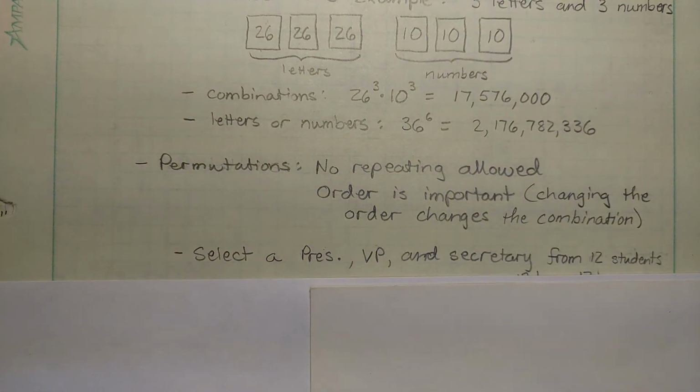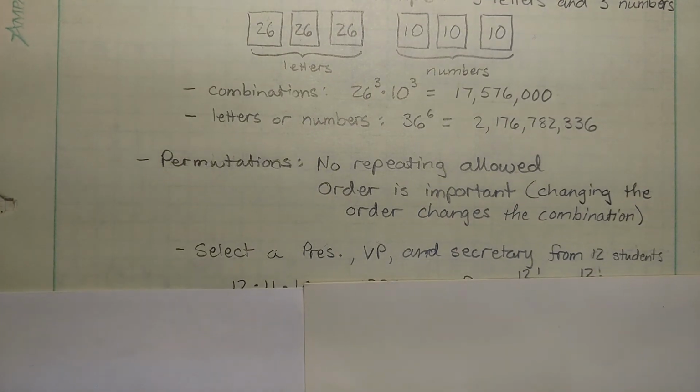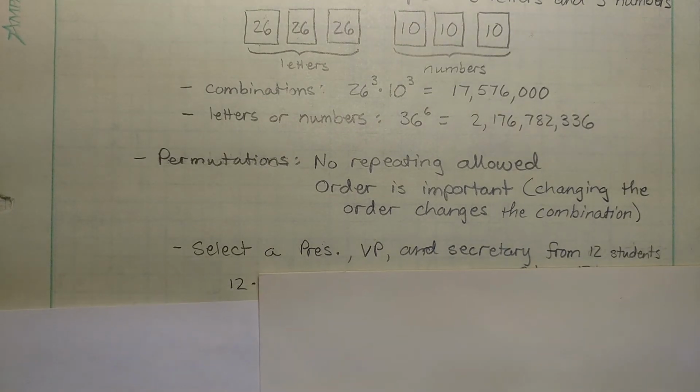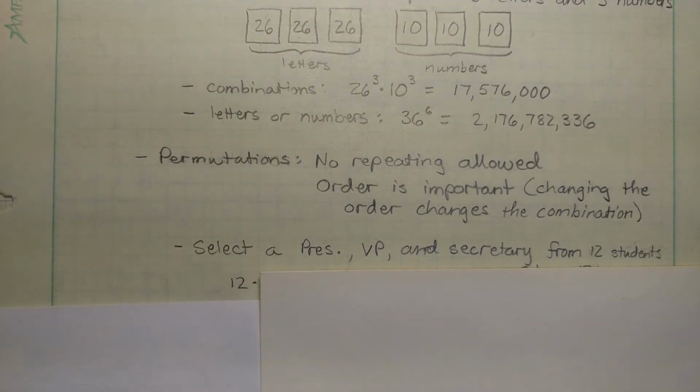So here's the situation. The multiplication principle is still in effect. We have 12 possibilities for president, but once we pick a president, how many possibilities do we have for vice president? Well, we can't use the person we picked for president, so we only have 11 possibilities. And then for secretary, once we've picked a president and a vice president, we only have 10 possibilities left.